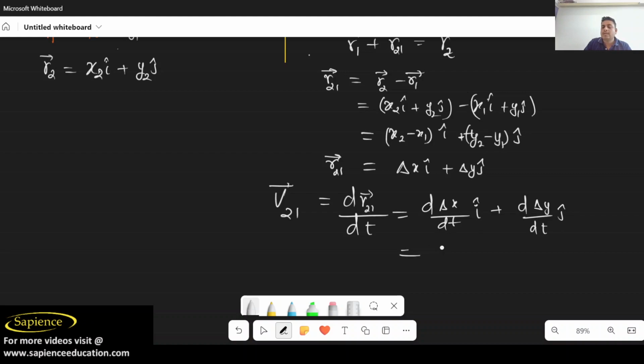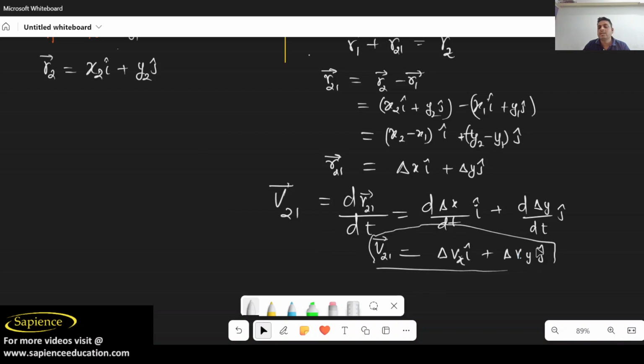So we can write the change in velocity as del v x i cap plus del v y j cap, the x component and the y component. So velocity in terms of two planes, velocity in x direction and velocity in y direction.